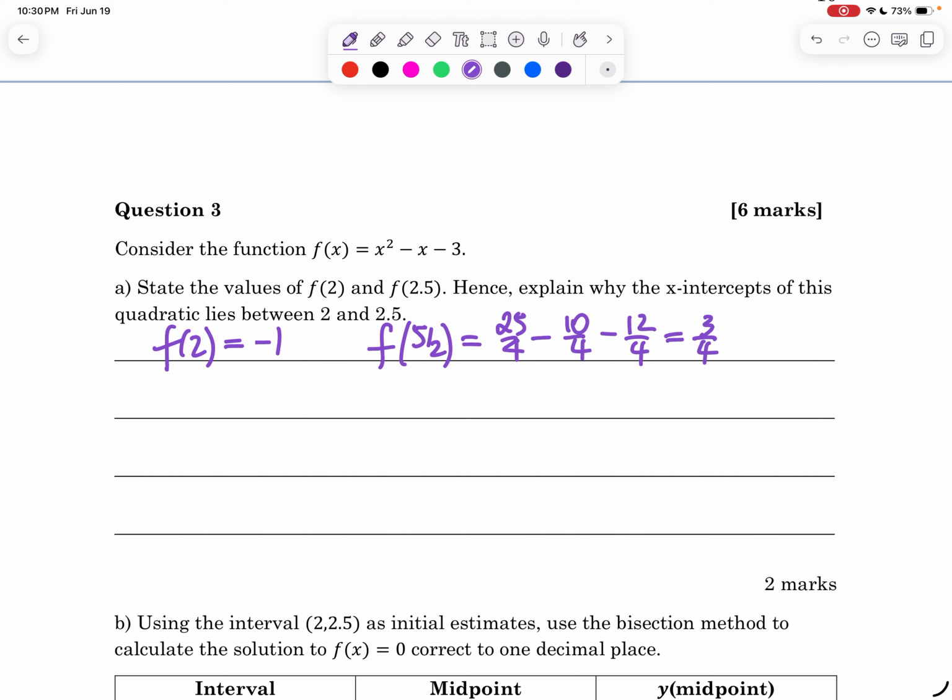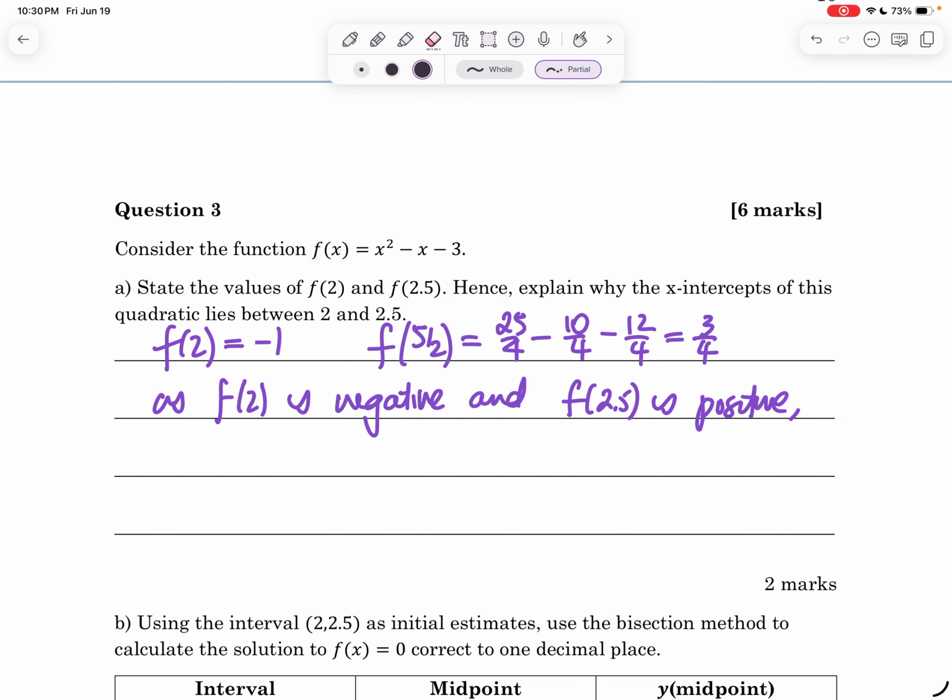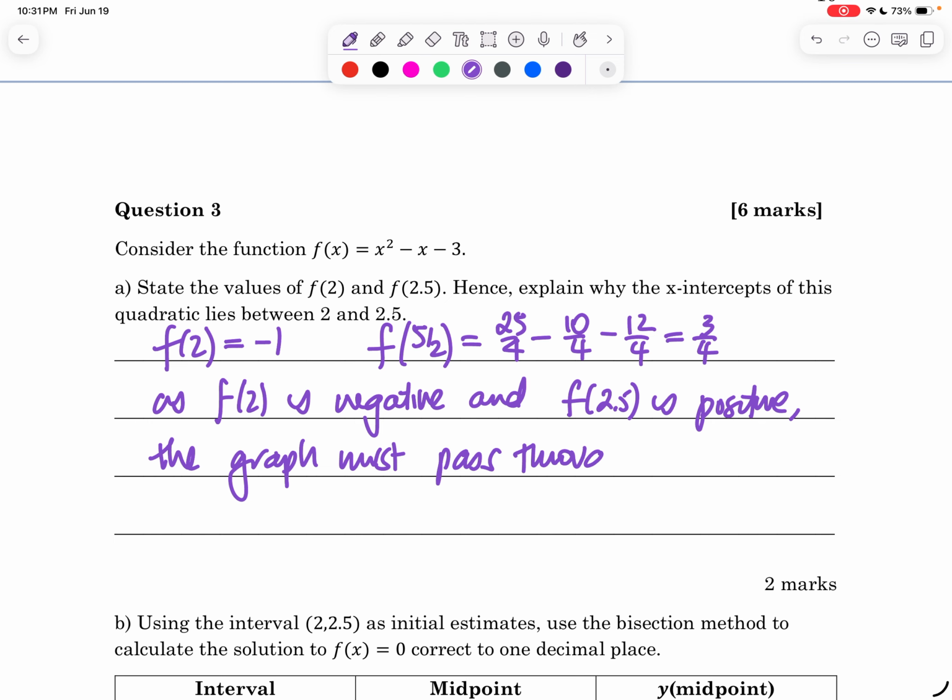So as f of 2 is negative and f of 2.5 is positive, the graph must pass through the x-axis between them.